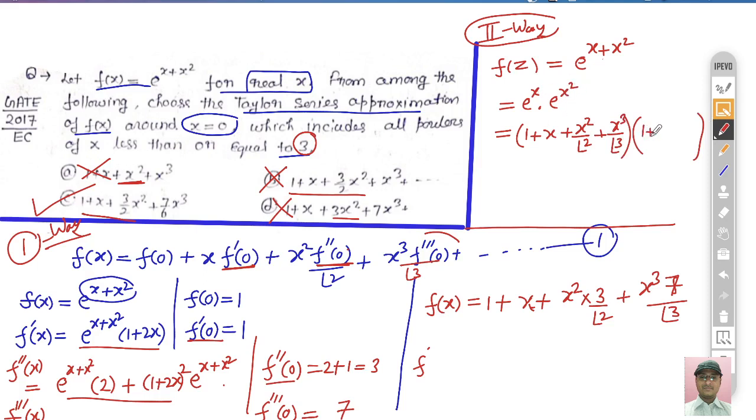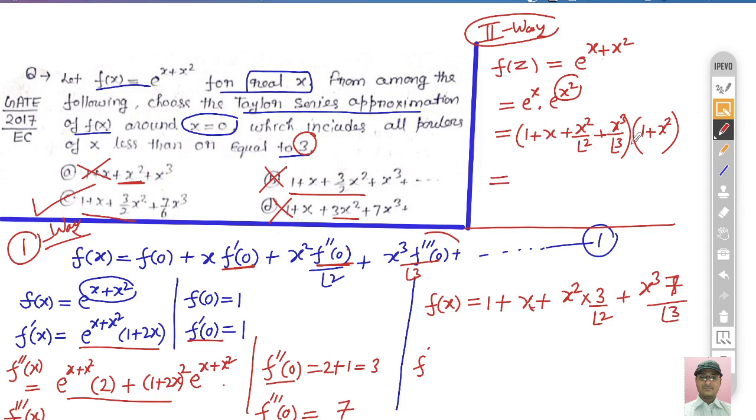So 1 plus x, in place of x it is x square, and once you do the square, it will be the 4th power. So no need to write that one, because we have to calculate only up to power 3. So you just write up to second degree, because once you do the square of this, it will be the 4th power, and you just simply multiply and you will get the result.